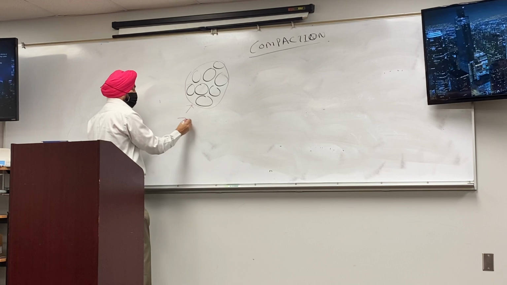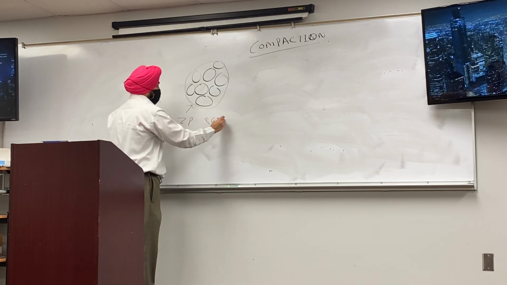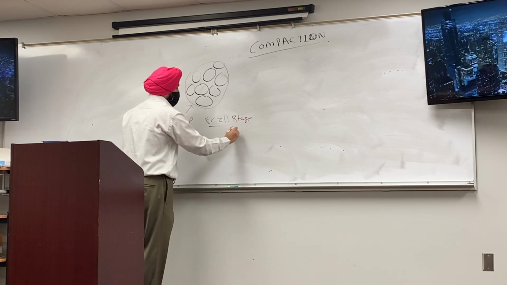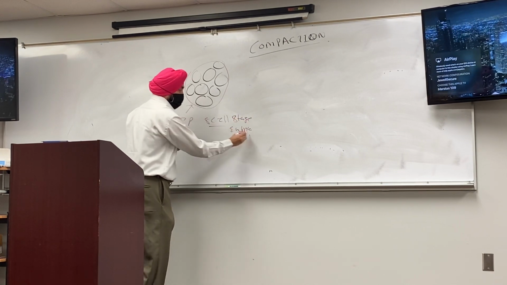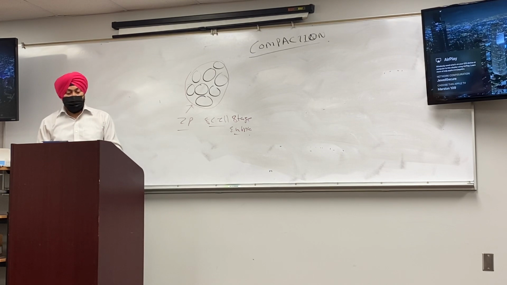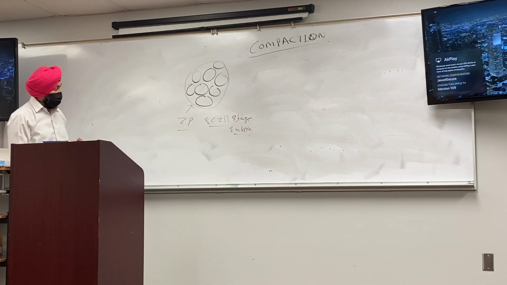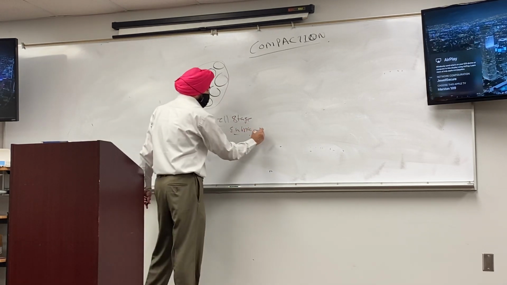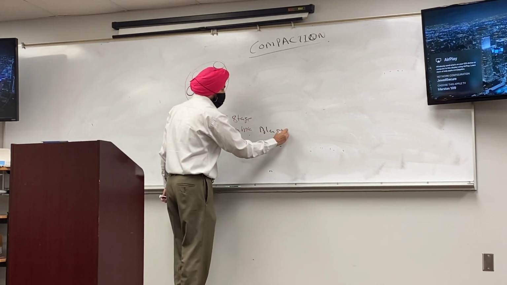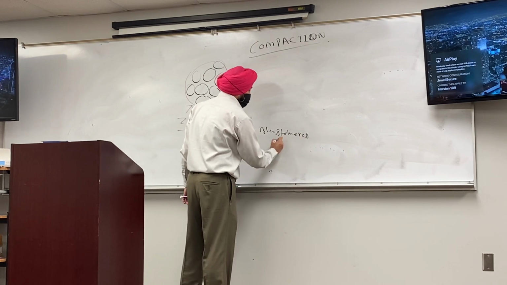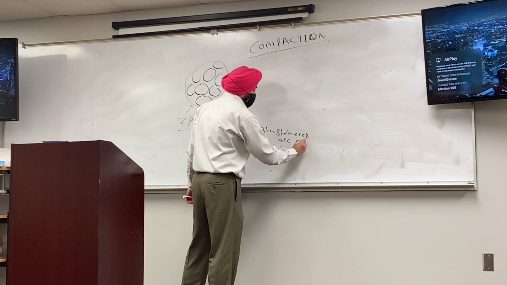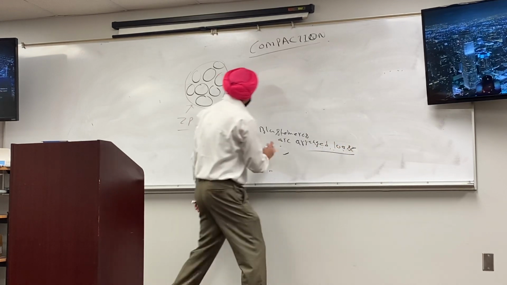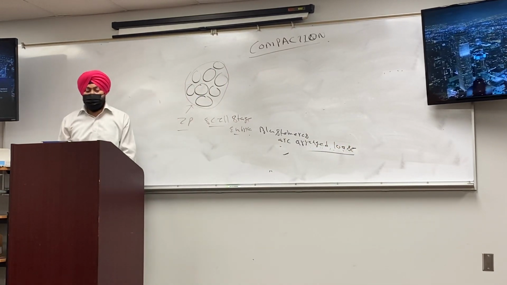These are 8 cells, the 8-cell stage. At the 8-cell stage embryo, the blastomeres are arranged loosely.